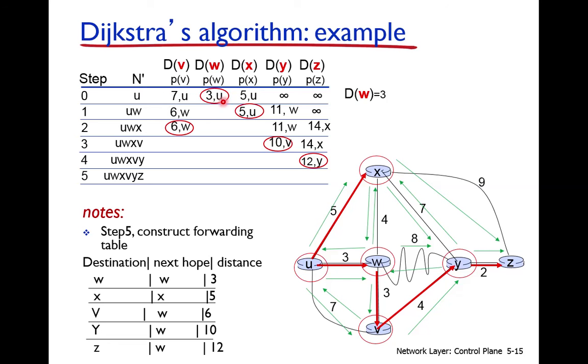For example, in the first step, the node U has computed the shortest path to W. In the next step, U has computed the shortest path to X. In the third step, U has computed the shortest path to V. In the fourth step, U has computed the shortest path to Y. And in the next step, U has computed the shortest path for node Z. So in each iteration, the node computes the shortest path to one destination.